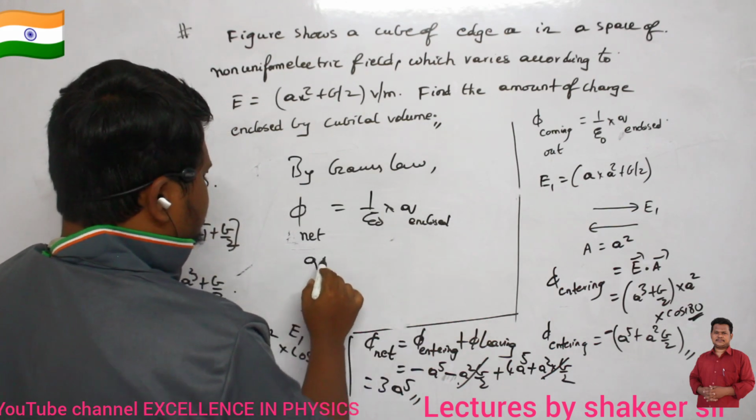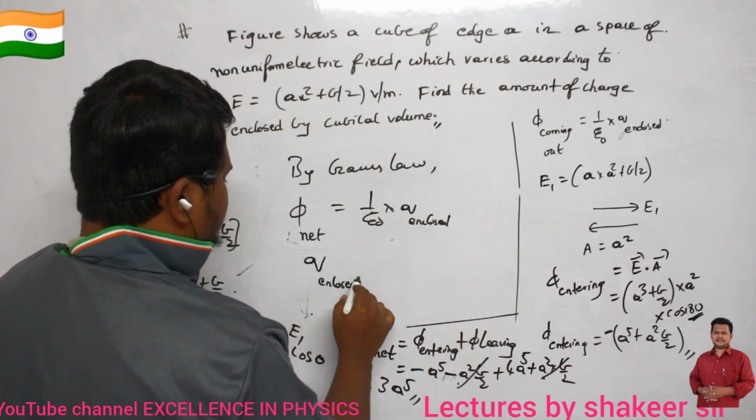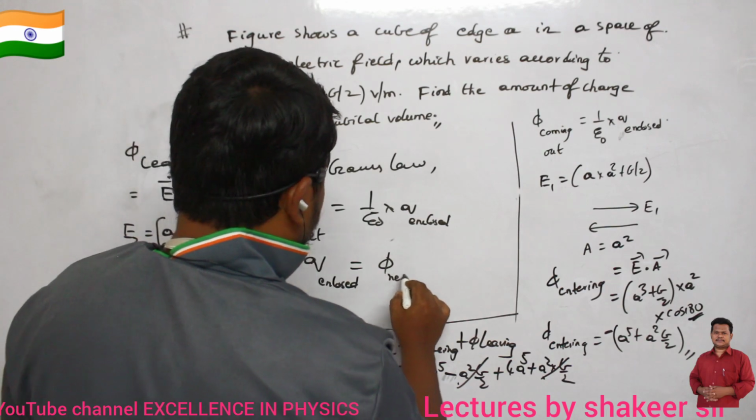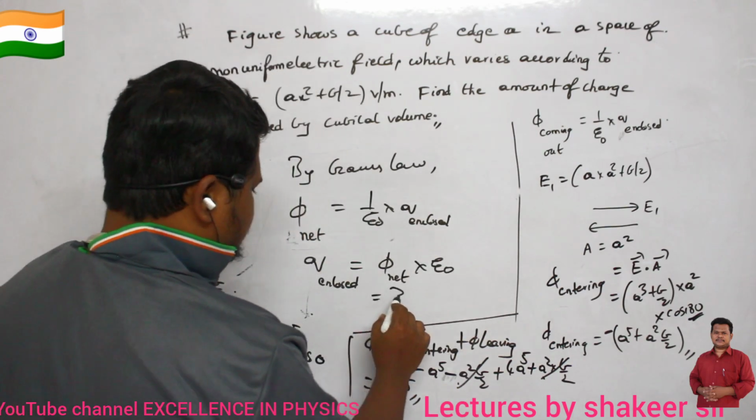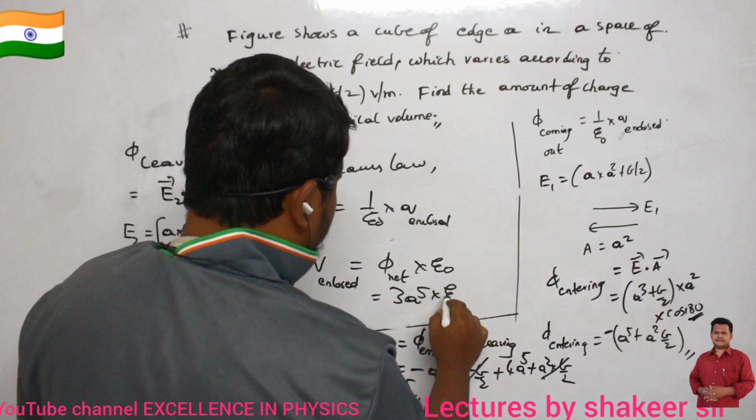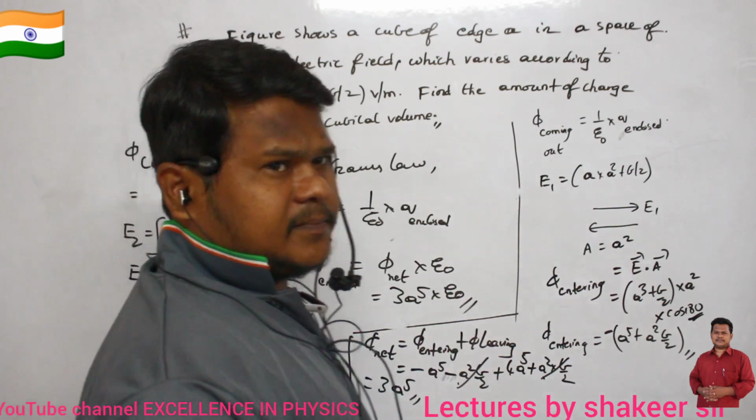So, charge enclosed is net flux multiplied by E naught, which is 3A power 5 into E naught. This is my answer. That's all.